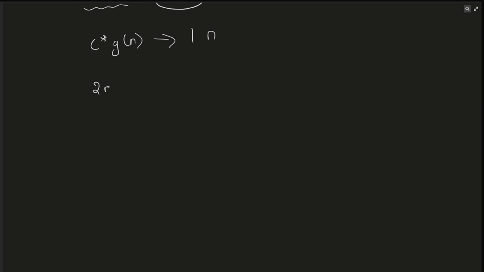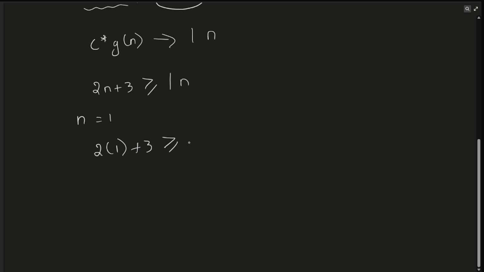We know the left hand side 2n plus 3 is greater than or equal to 1n. Let's take n as 1 and substitute the value of n in this equation. 2 into 1 plus 3, that is 5, is greater than or equal to 1.